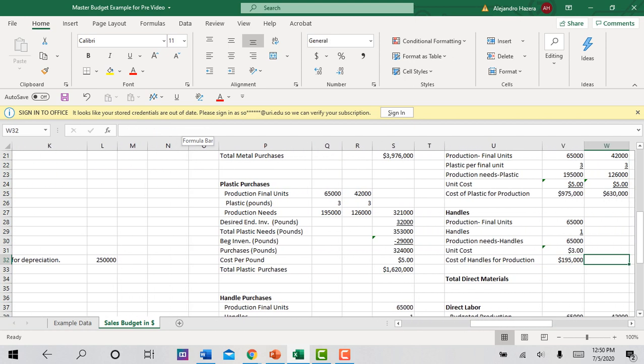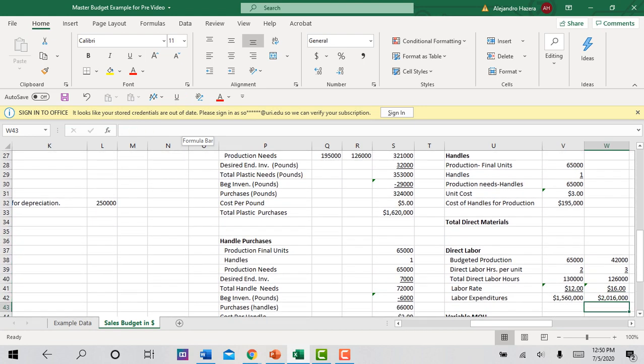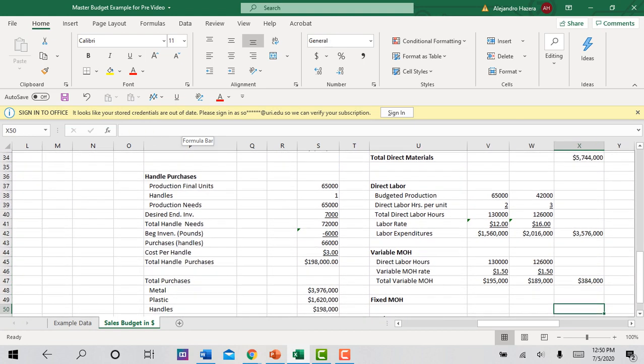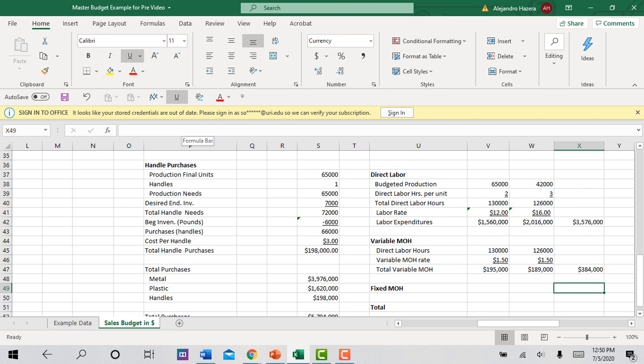Anyway, if we come over here, our fixed manufacturing overhead is $214,000. So here are our costs.